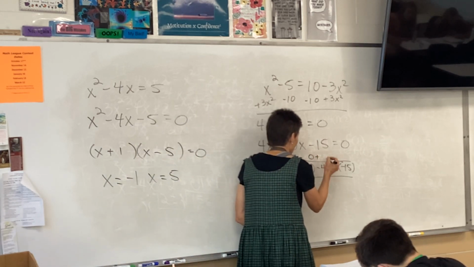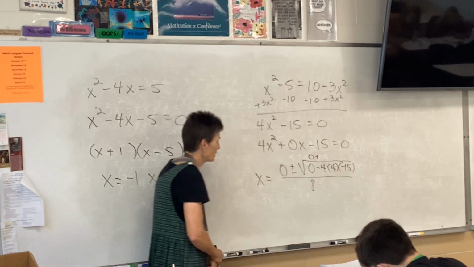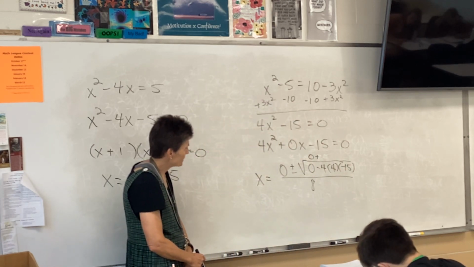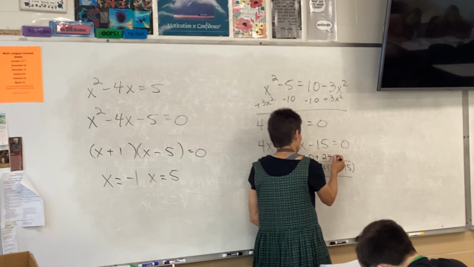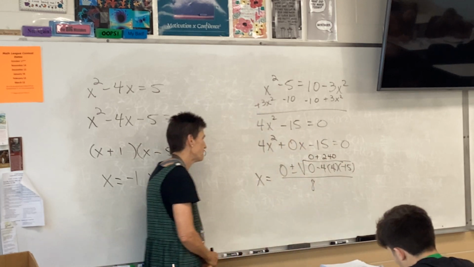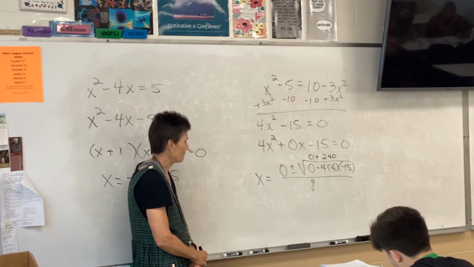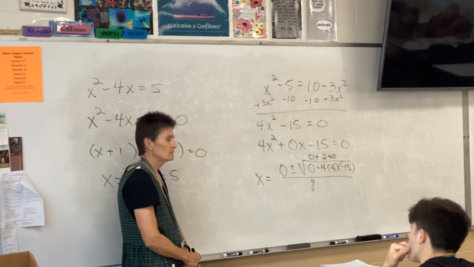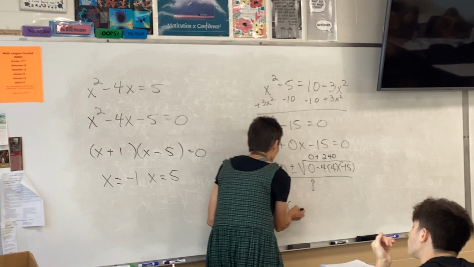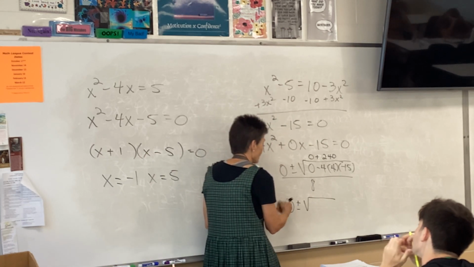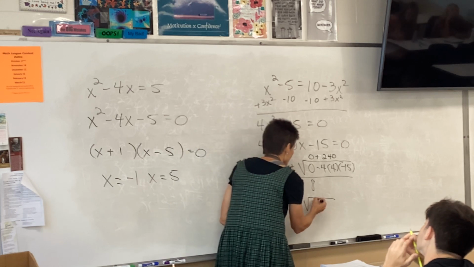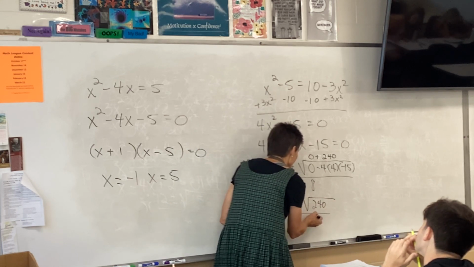This is going to be a plus underneath there. What is that, 240? Will somebody do that for me? Is that right? So I have 0 plus or minus the square root of 240 over 8. By the way, you don't need the 0 there, but it's okay to have it.